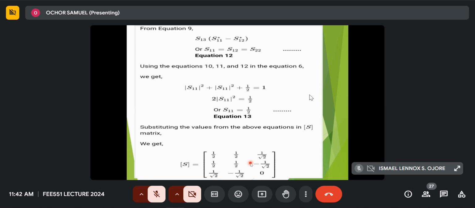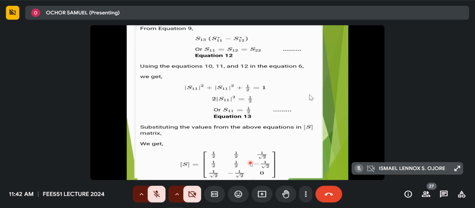Now let's go to where we were. We have seen the value of S11 is 1 over root 2, and S13 we have gotten as 1 over root 2. So you substitute the values from the equations you have just gotten.